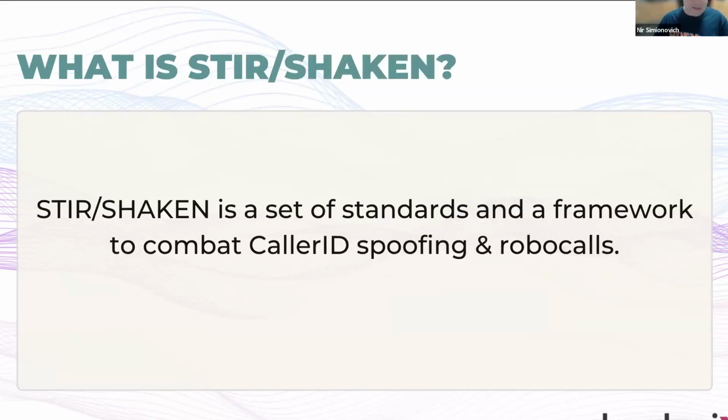So, technically speaking, why was STIR/SHAKEN even invented? Over the course of the years since voice over IP was introduced into the US, in the late 1990s, when voice over IP in the US became deregulated, basically anybody could start a voice over IP company.